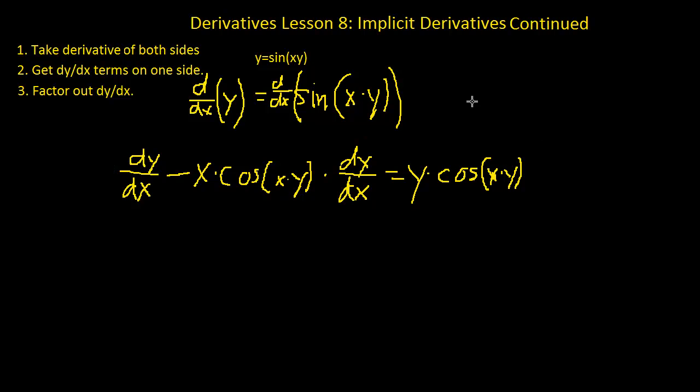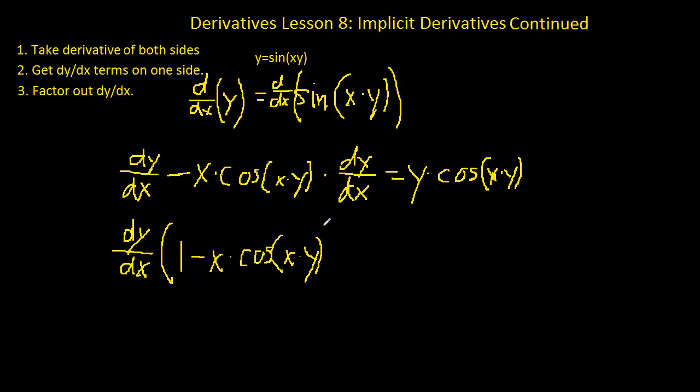Alright, that looks much nicer. So now what we have left is dy dx times 1 minus x times cosine x times y. And then this is factored out over here, equals y times cosine x times y.